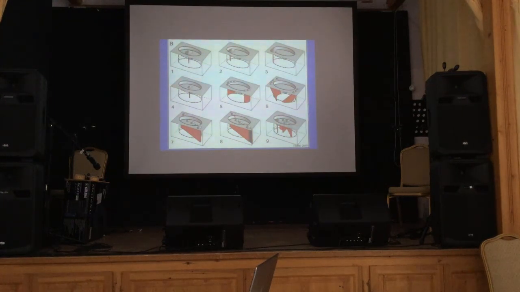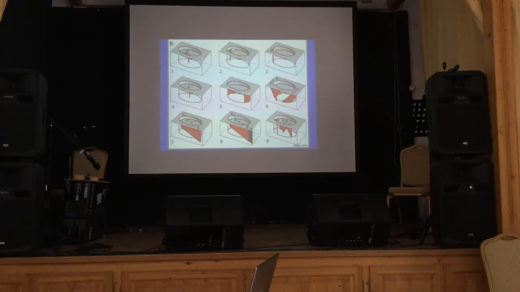Or you can have a fault, like in this case, a fault that crosses the caldera. In this case, the alignment is guided by the presence of this zone of discontinuity in the rock, so the magma uses this discontinuity. Or you can have, of course, a mixing of all these possibilities.